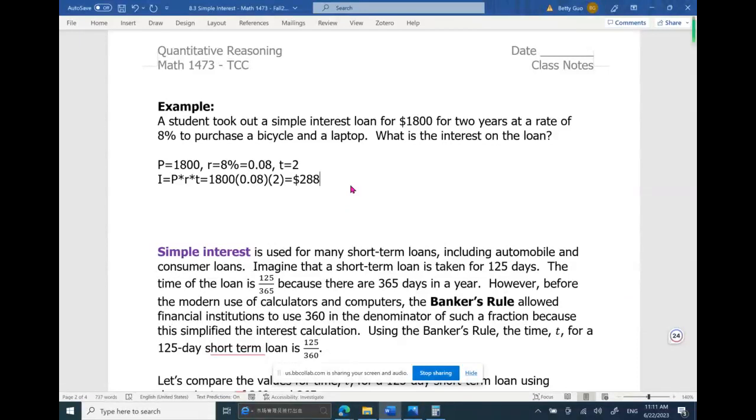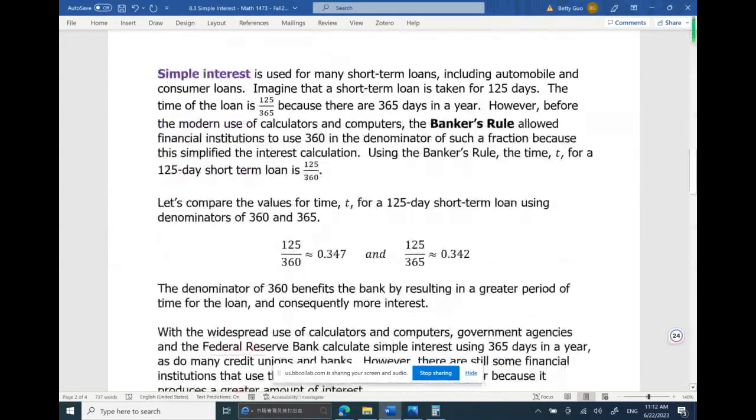So if you need to pay back the money by the end of year 2, you're going to pay the principal 1800. On top of that, you have to pay $288 interest. So you have to pay $2,088 by the end of year 2 if you want to clear your loan. Simple interest is used for many short-term loans, including automobile and consumer loans.